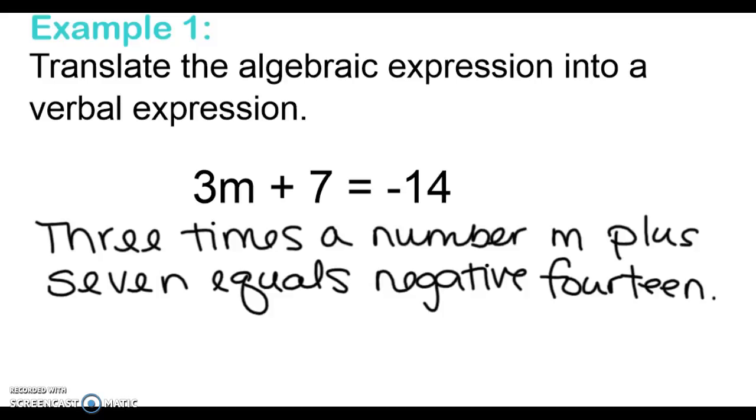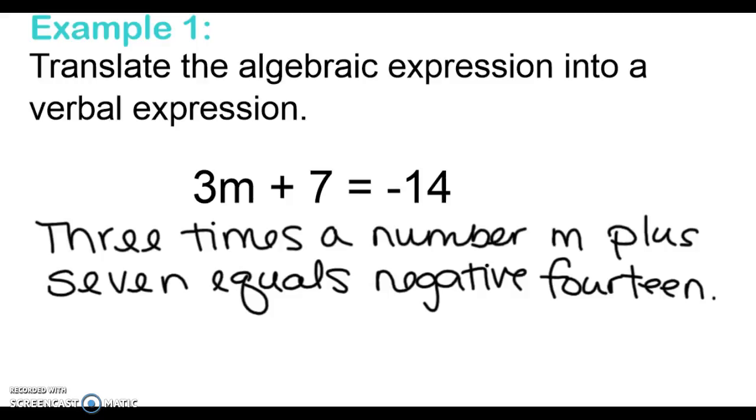If you want to get fancy, some kids might say the product of 3 and a number m, because product also means times. You could say 7 more than a number, because more than means addition. You could also say is, because is means equals. So there are a few different ways that we could write this out, but sometimes the easiest way is exactly to write what you read.